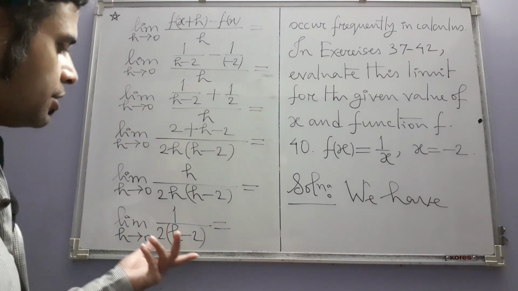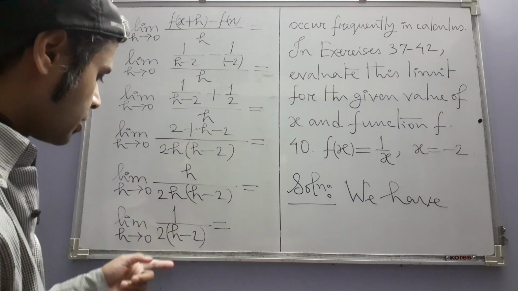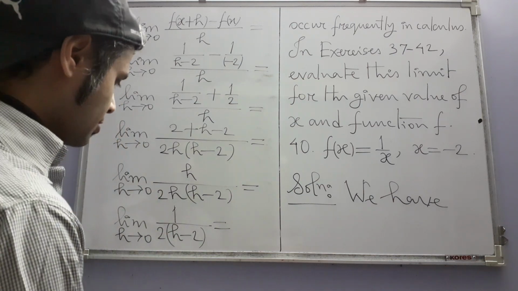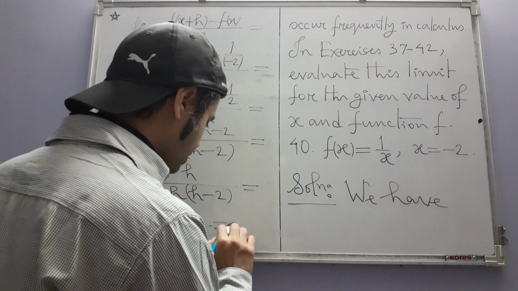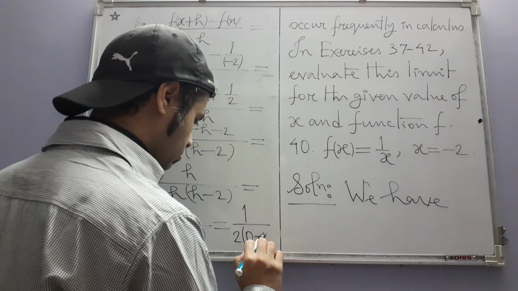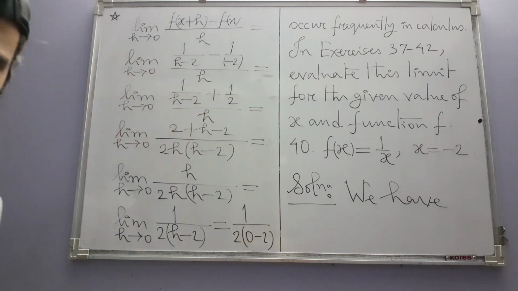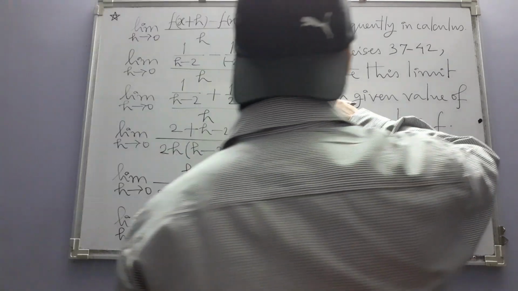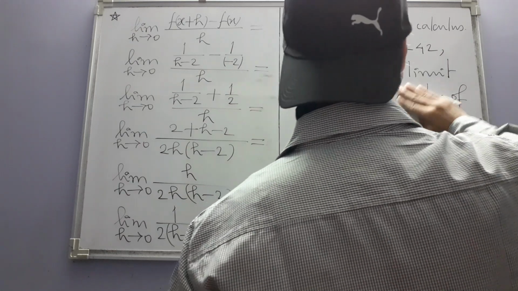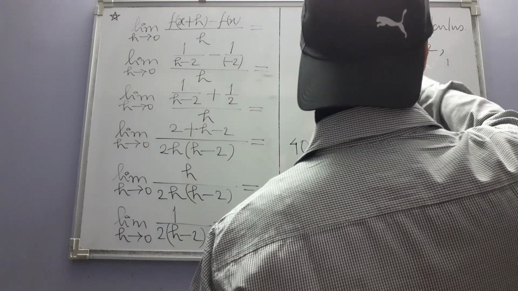And now you use your rules, that is quotient rule, then product rule, then difference rule. After doing all those things, you ultimately get this value. So that means our final value is minus 1 over 4, that is minus 0.25.